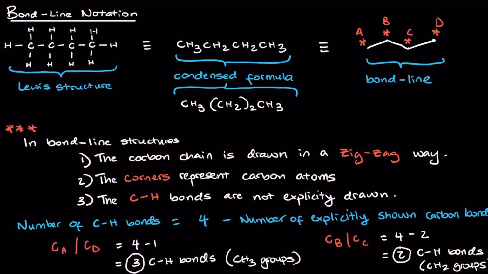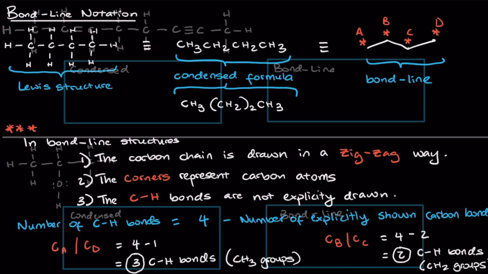And so we can think about the carbons at B and C positions as CH2 groups. Once again, you see how we can imagine our Lewis structure by just looking at the bond line structure, but it makes drawing organic molecules, which are primarily carbon-based molecules, easier than having to explicitly show all the carbon and hydrogen atoms in your molecule.